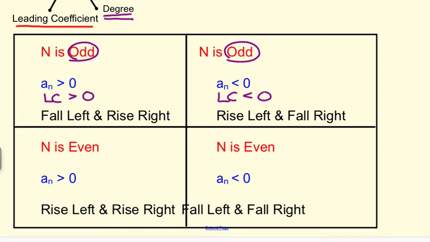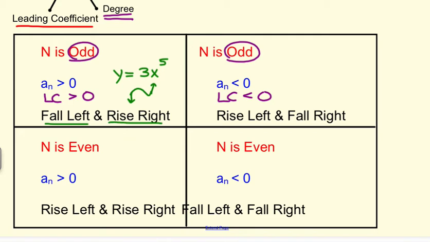If it is greater than 0, so you're looking at a number like y equals 3x to the 5th, this would be an example of it. What happens is you're going to fall on the left-hand side, and you're going to rise on the right-hand side. So you're going to have some kind of snake. And this would be the end behavior. You would say fall on the left and rise on the right.